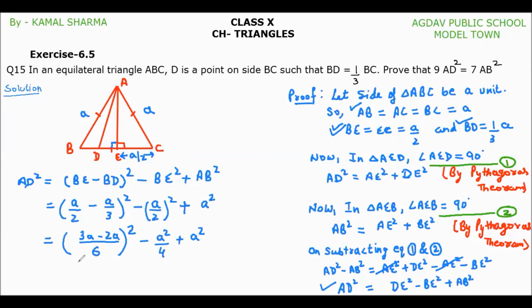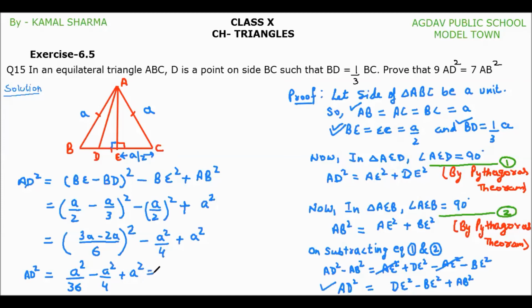Now I just need to simplify this, so it will become AD square equals A square by 36, because here we are left with A, and the square of A is A square, the denominator is 6, so it becomes 36 after taking the square. Then minus A square by 4, plus A square will remain like this.